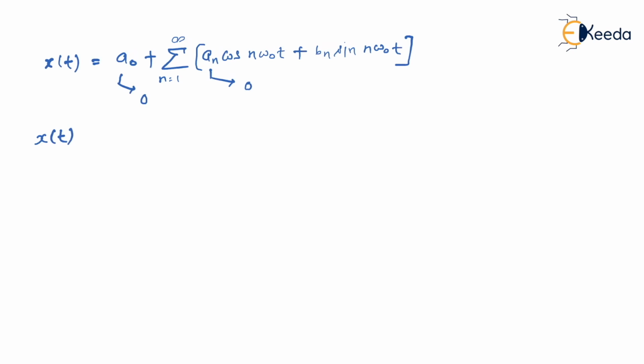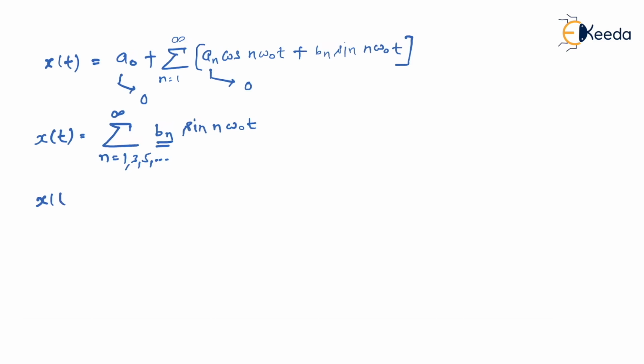So what we have is only x of t equal to summation n equal to 1 to infinity, Bn sine of n omega naught t. But we know that Bn exists only for odd values of n, and that's the reason why I would keep on varying n like this: 1, after that I'll substitute 3, then I'll substitute 5. I'll keep on avoiding even values of n, because we know it is going to result in 0. So what's the point of substituting n as even?